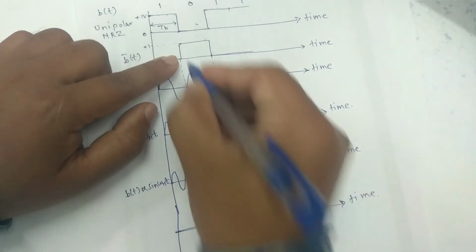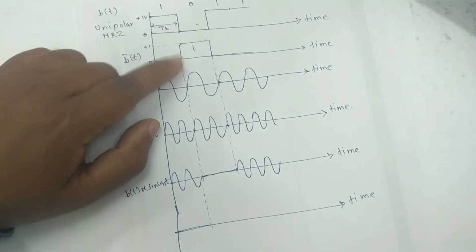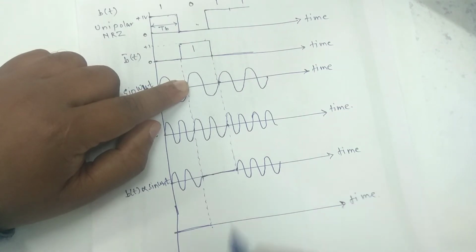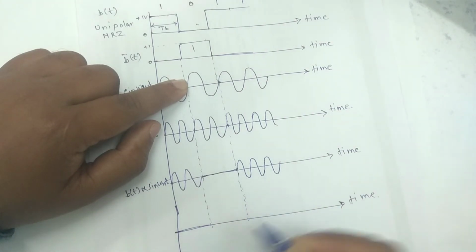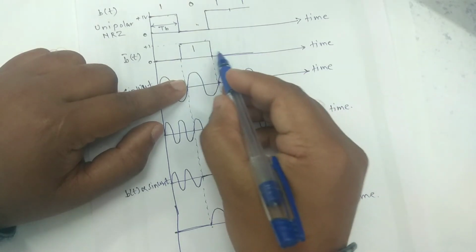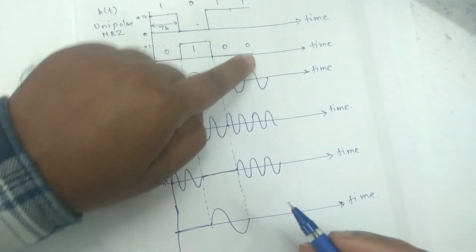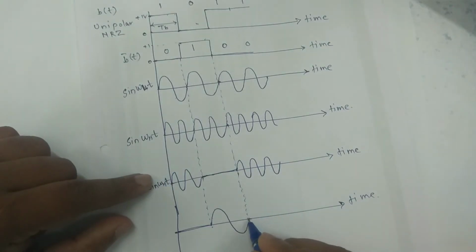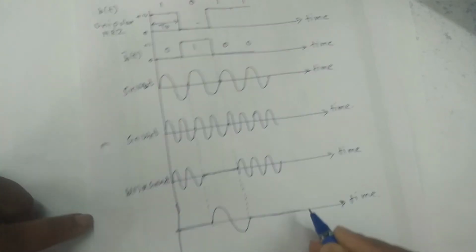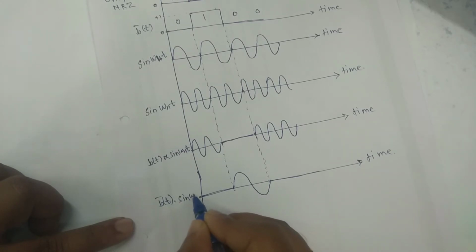The next bit is 1, so 1 into this carrier, and the output will be the carrier as it is. After that the next two bits are 0 and 0, so 0 into carrier, the output will be 0. So here we multiplied b bar t with sin omega lt.